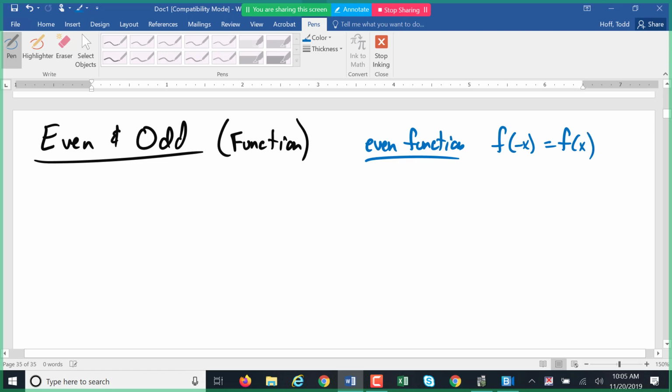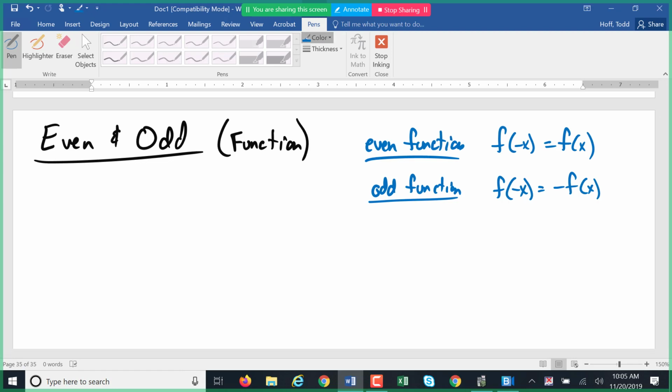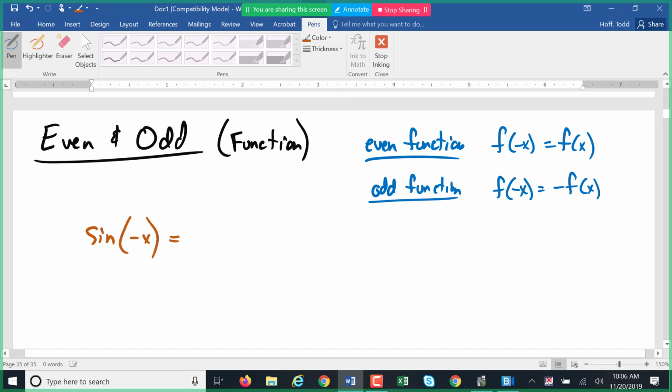In other words, it is symmetrical about the y-axis. An odd function is one where f of negative x is equal to negative f of x. It's symmetrical about the origin. Well, in trig, our functions have this relationship. The sine of negative x is equal to the negative of sine x.